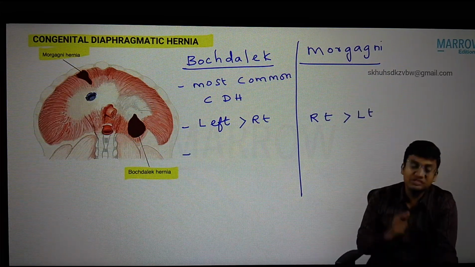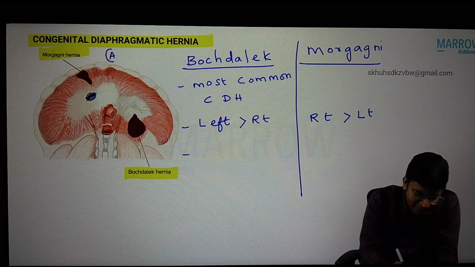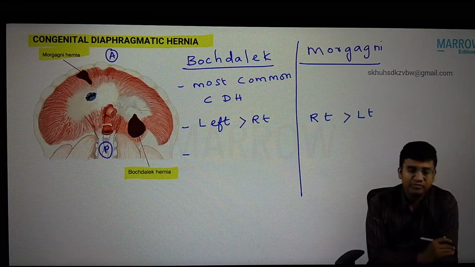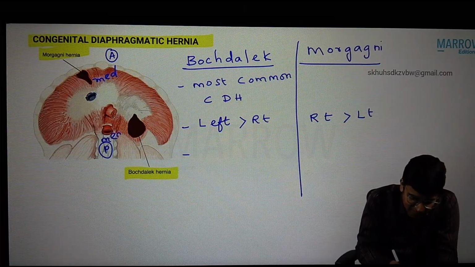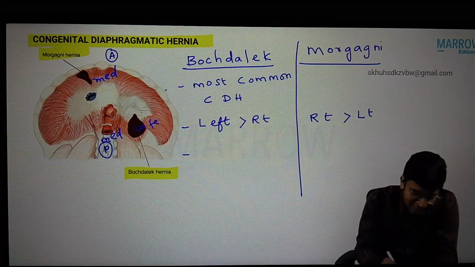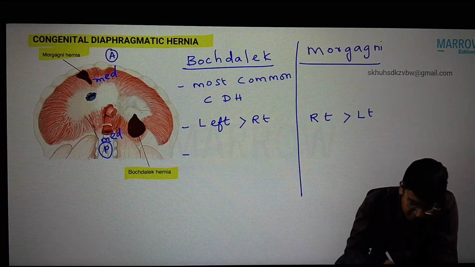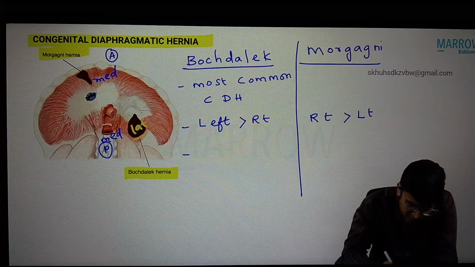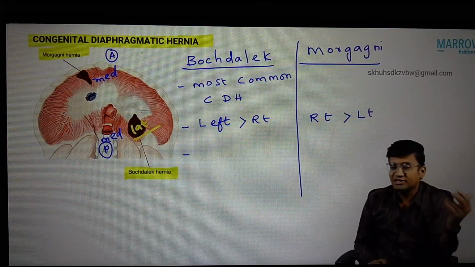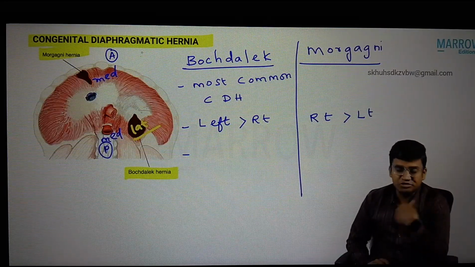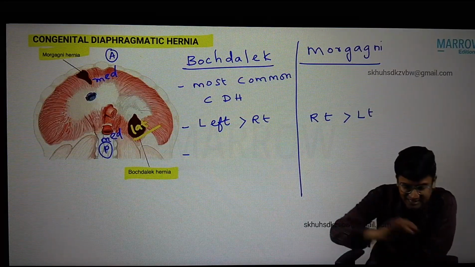Next, where do you see the defect? This is anterior and this is posterior. This is medial and this is lateral. The defect in the Bochdalek hernia is not at the front side, it is at the back, posterior, and lateral.